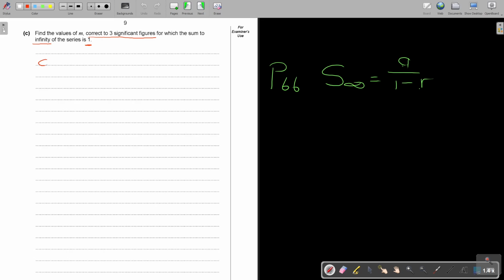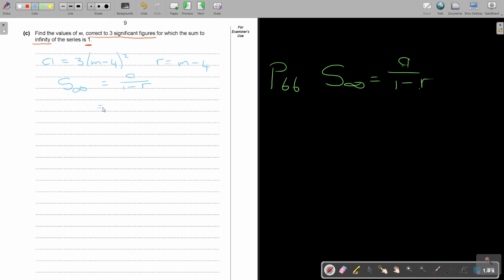Okay, so I start with that. I say the value of a, I just want to use blue. The value of a is 3 times (m minus 4) to the power of 2. And the value of r is m minus 4. Okay, get that from the previous question. Now I start: the sum to infinity is equal to a over 1 minus r.